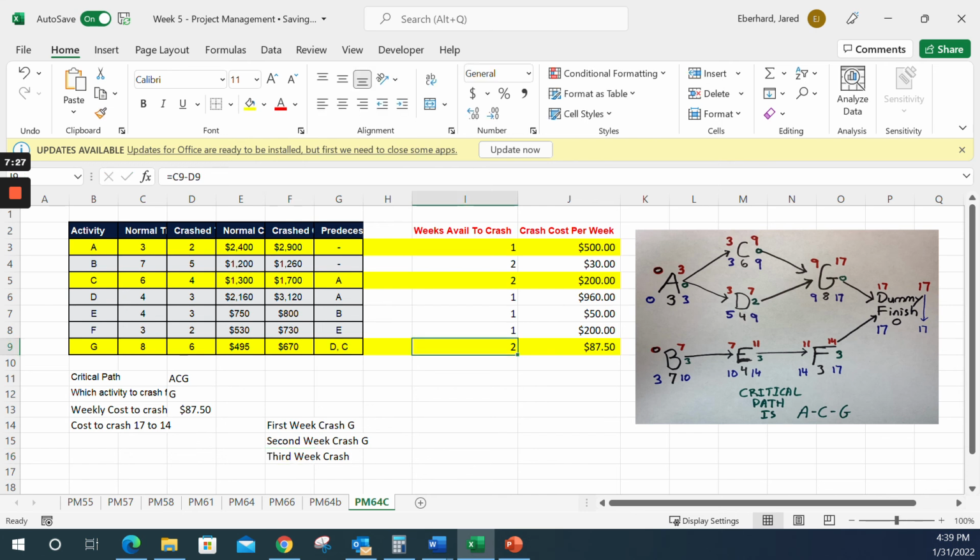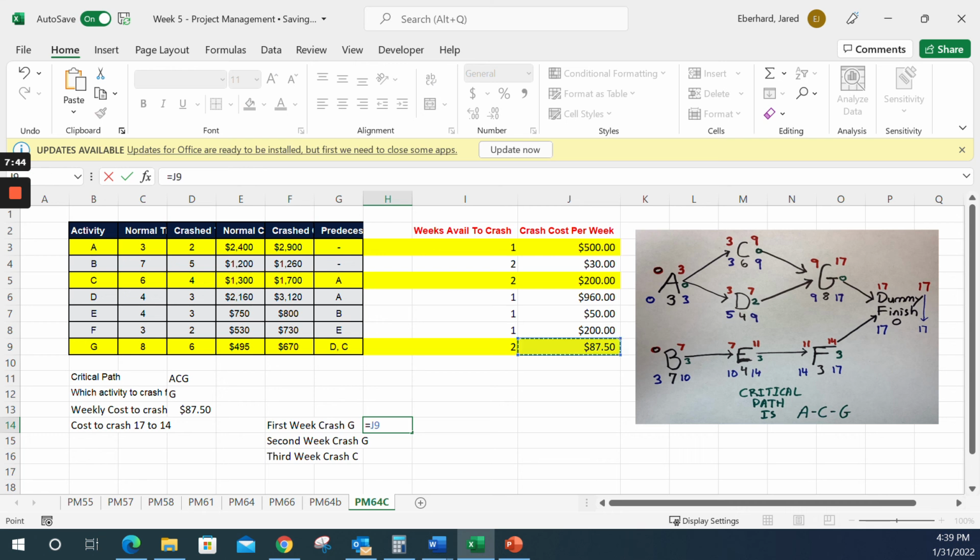So now I have to move up on my activity level and see. Should I crash A or should I crash C? Well, C is cheaper than A, so I'm going to crash C. That's the 3-week improvement I would need. So I'm going to do G, I'm going to do G, and I'm going to do C.